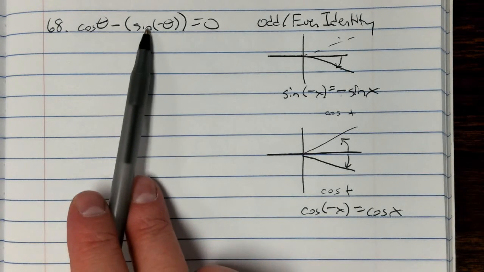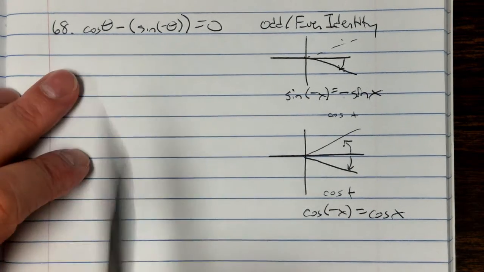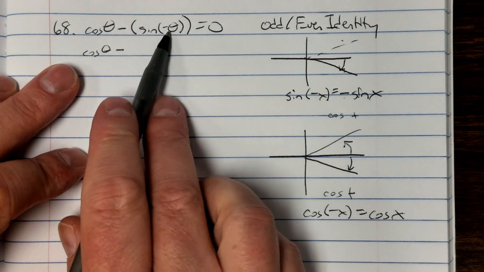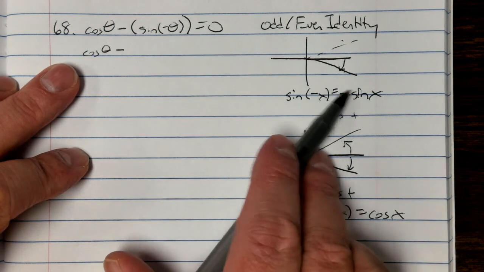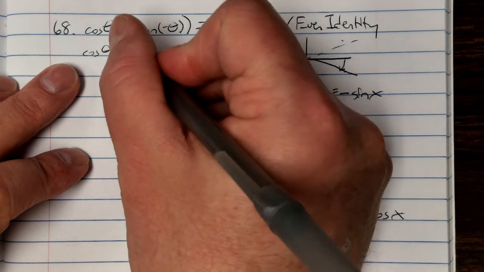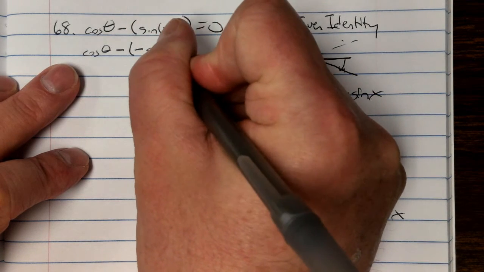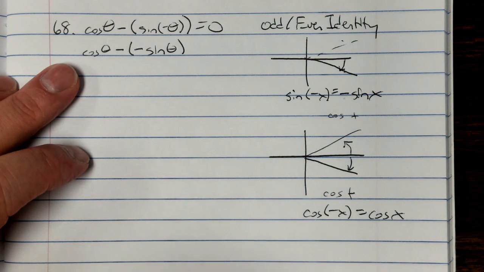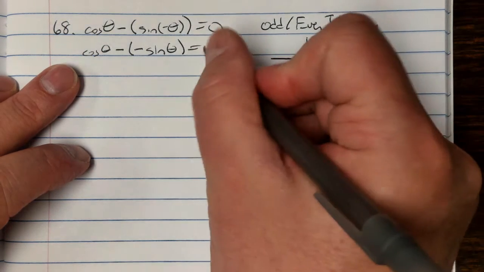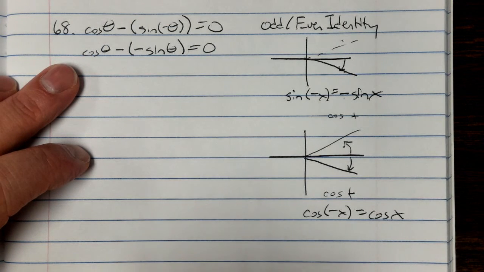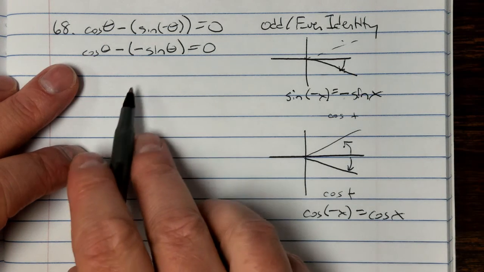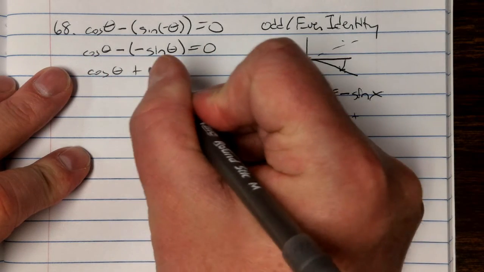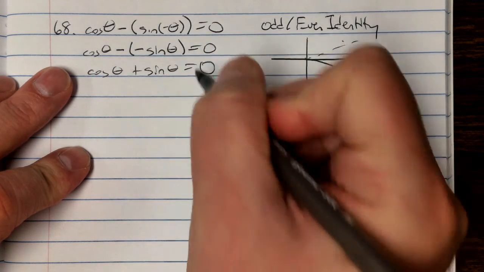So what you would do then is you'd substitute. We change sine of negative theta to be negative sine theta. So what we have is cosine theta plus sine theta equals 0.